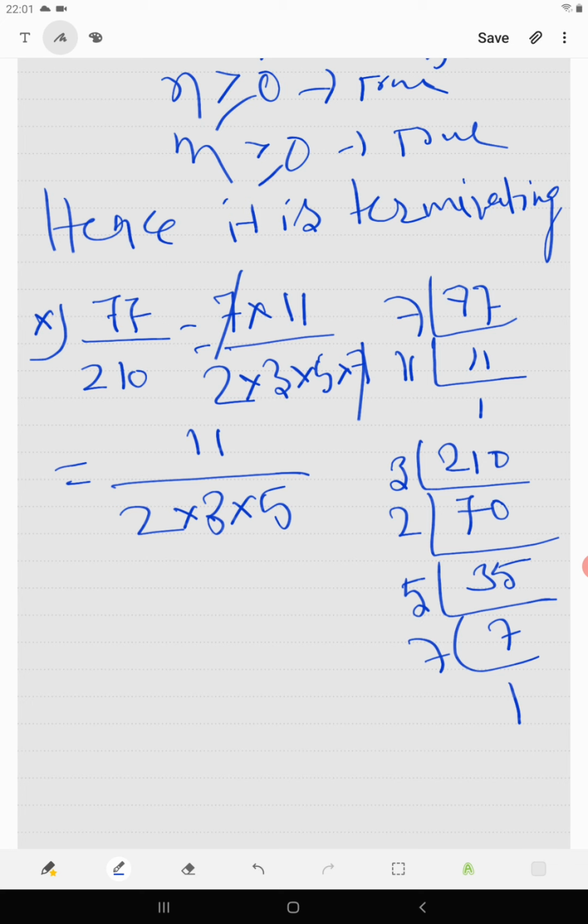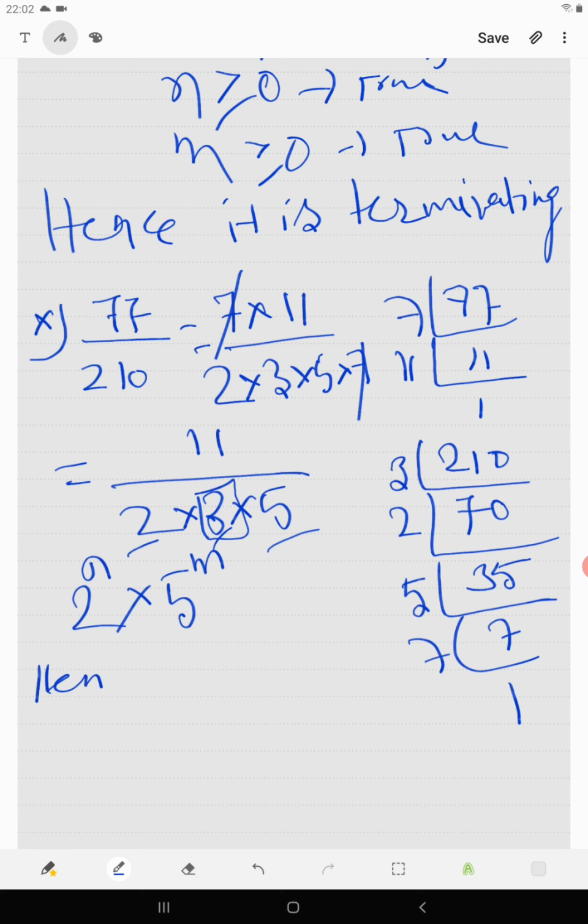Now you can see over it. Compare this with 2 to the power n into 5 to the power m. So we have 2 and 5, but we have an extra 3. Hence we can say that the denominator is not of the form 2 to the power n into 5 to the power m, because there is a factor of 3 also.